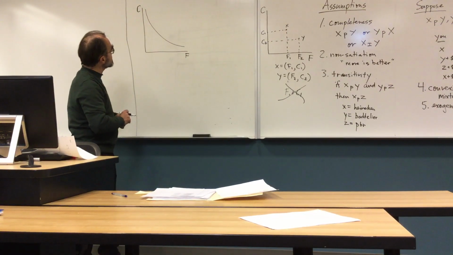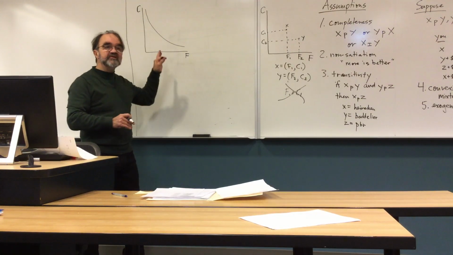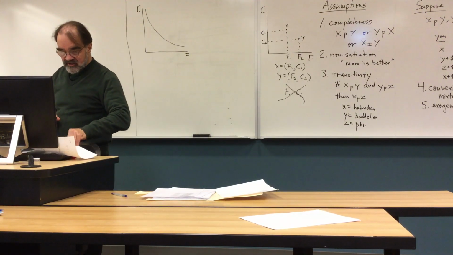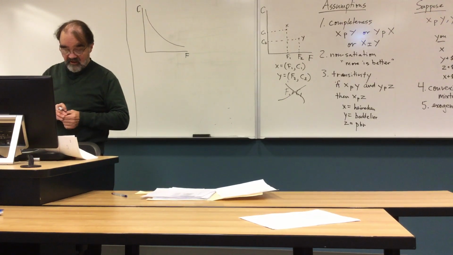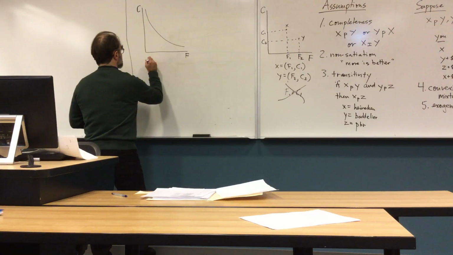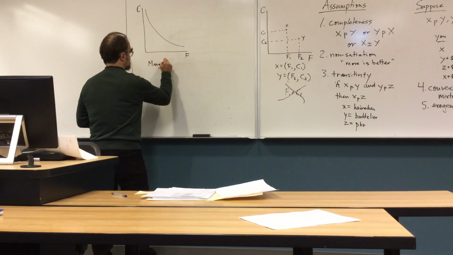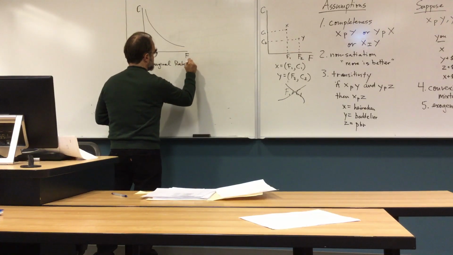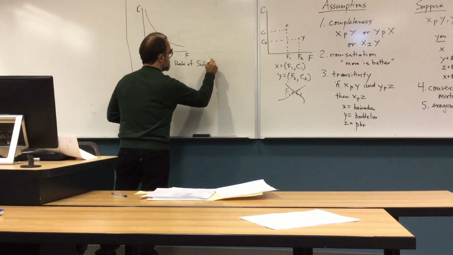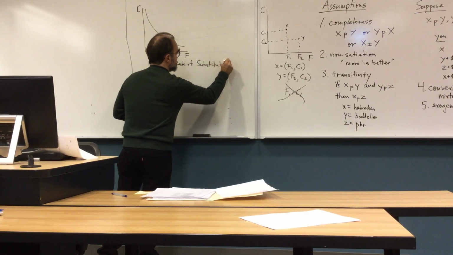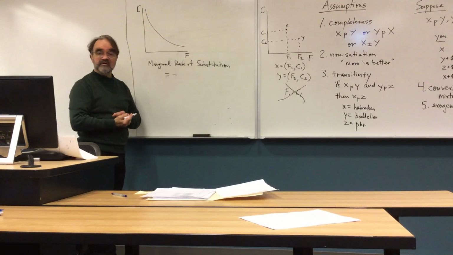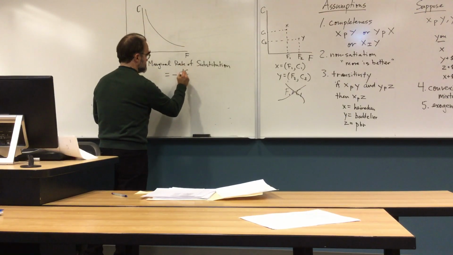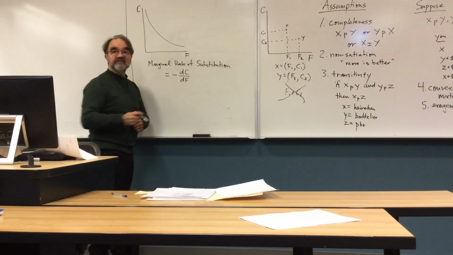I think that's an important thing to know. And so the increasing slope, well, we can characterize the slope in terms of the marginal rate of substitution. So the marginal rate of substitution is going to equal the negative of the slope. Why do we do it as the negative of the slope?